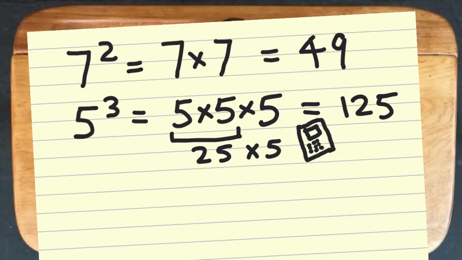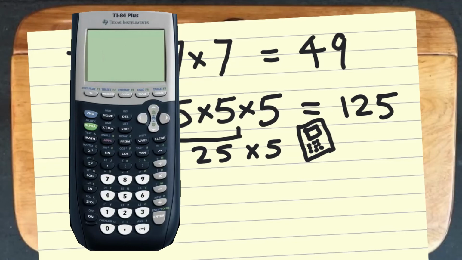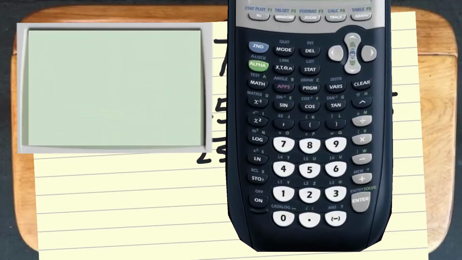Let me show you how to do it on a calculator. And we'll use the TI-84, which is pretty much the gold standard of scientific calculators. Okay, there's the calculator there. Let's turn it on. There's the on key there.